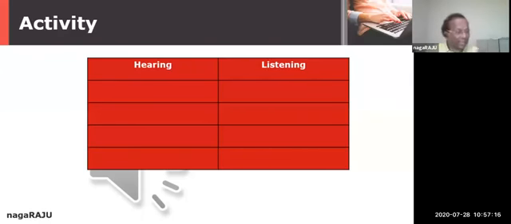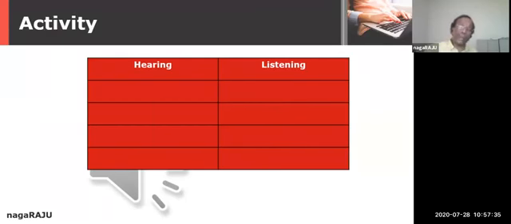Once there is a task before the students listen to something, the attention to what they are listening to will be much, much higher, greater, deeper. This is one tool, one trick that every teacher has to learn.